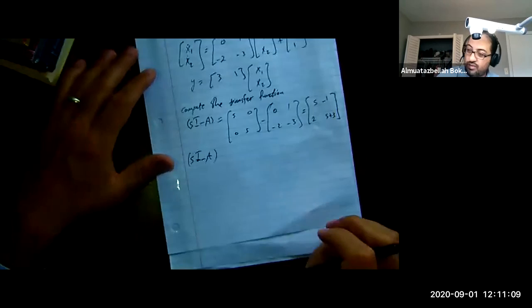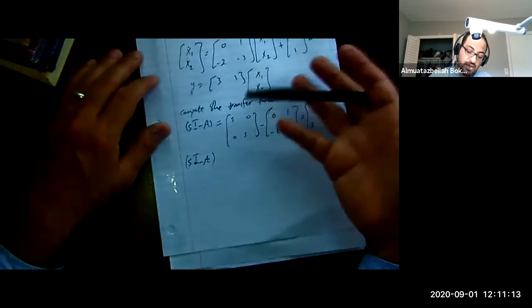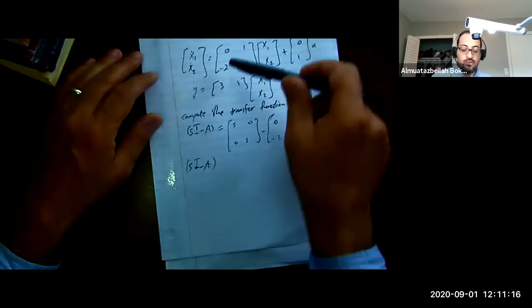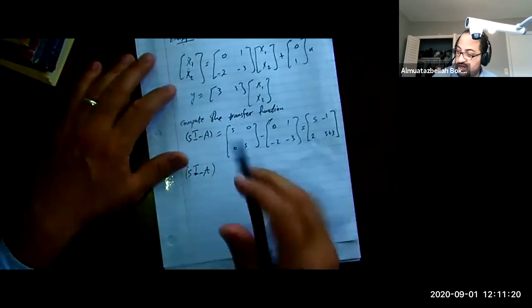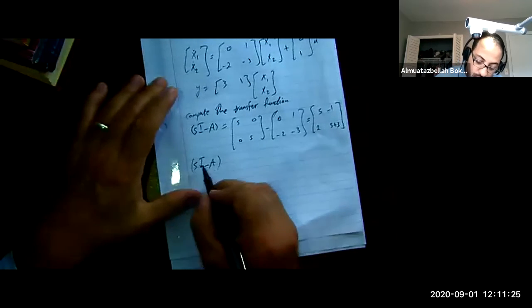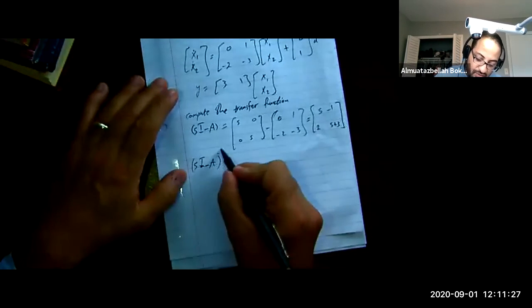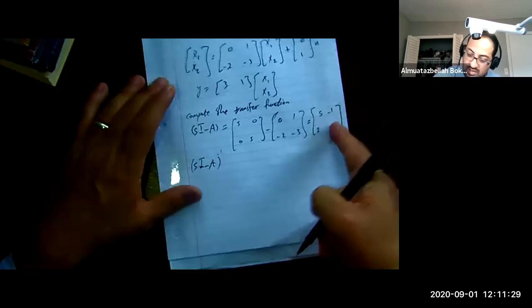And by the way, for time invariant systems, MATLAB can also do that. There is a command in MATLAB called ss2tf that will do the job for you too. You will see that MATLAB can be handy when you are dealing with a high dimensional system, but for a 2-dimensional system, as you will see right now, it's straightforward to do by hand. So (sI minus A) inverse means you need to take the inverse of this matrix.